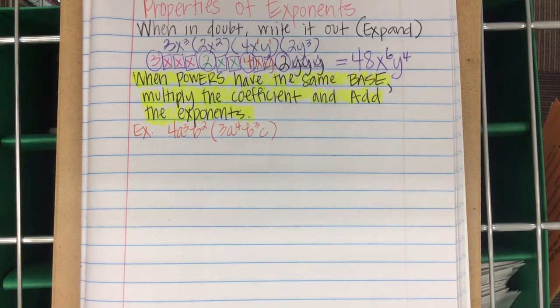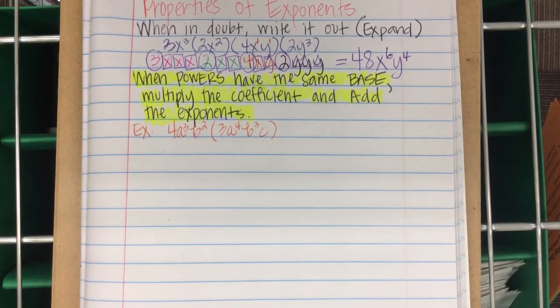You can either write it all out and then reorganize it, or you can use the rule.